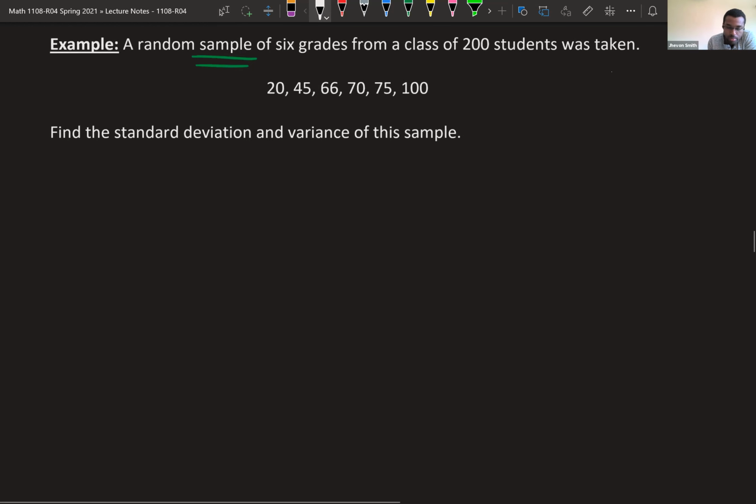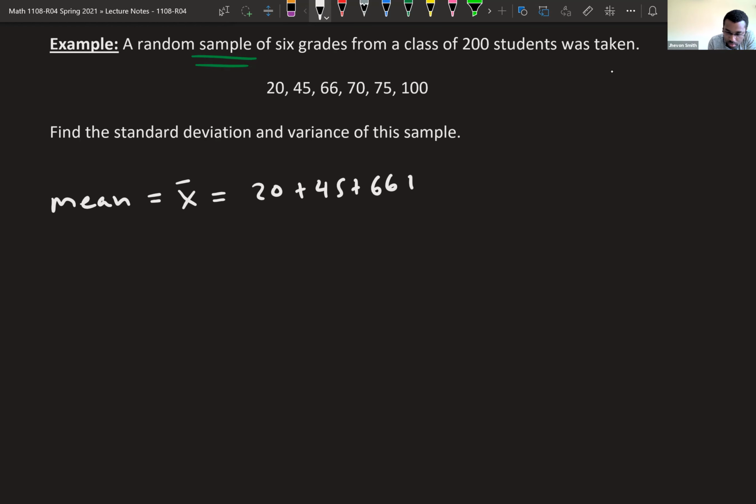So now what you would do here is first find the mean. That's going to be the sum of all these values divided by the number of values.